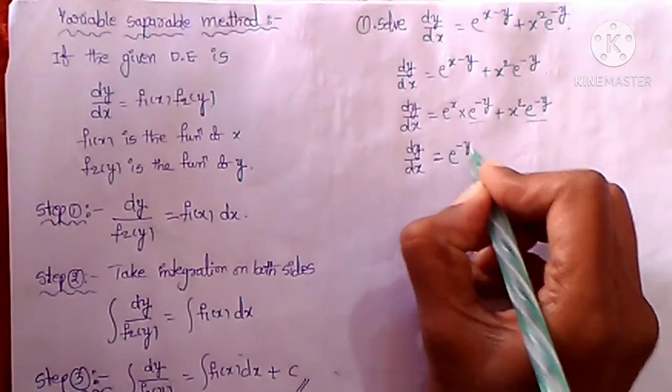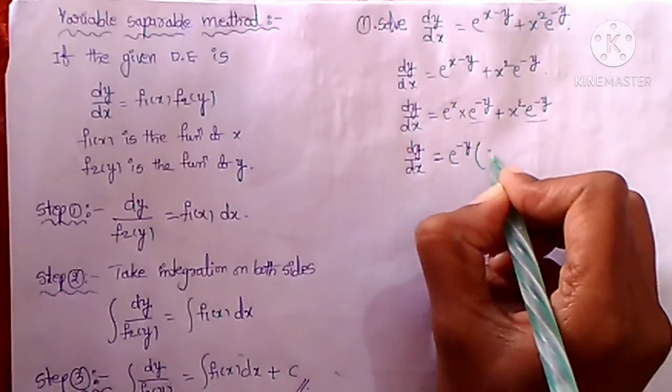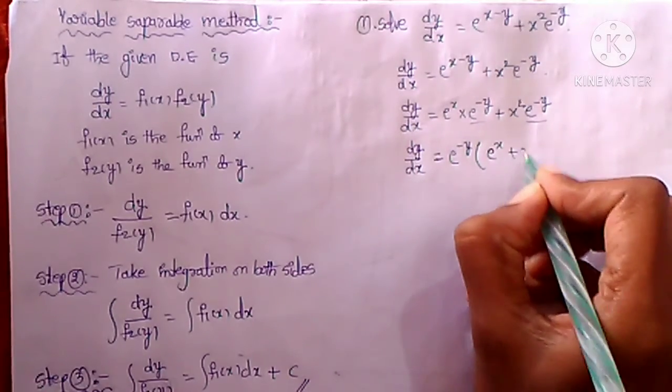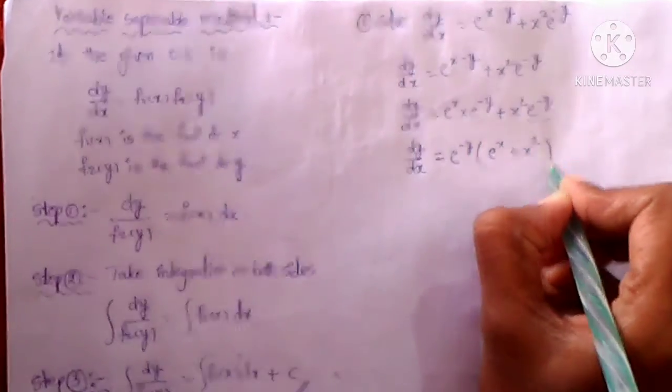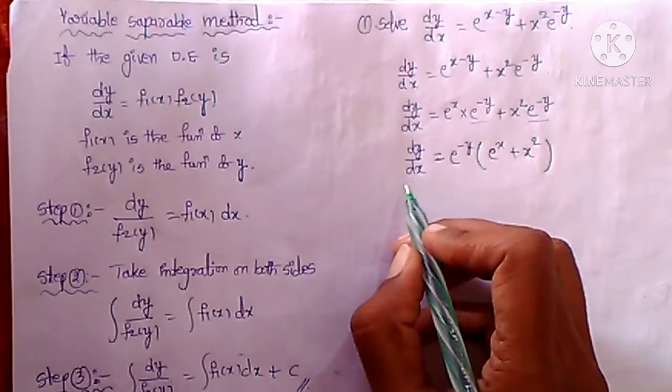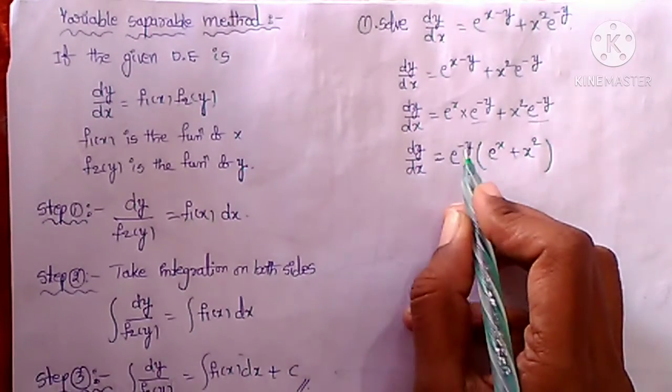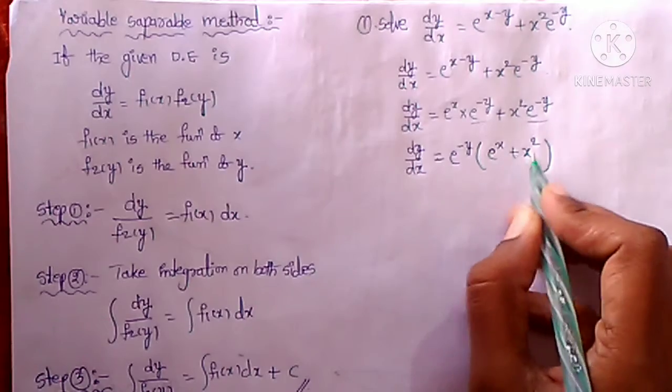If you take out the common e power minus y, then you get e power x plus x square. dy by dx is equals to e power minus y into e power x plus x square.